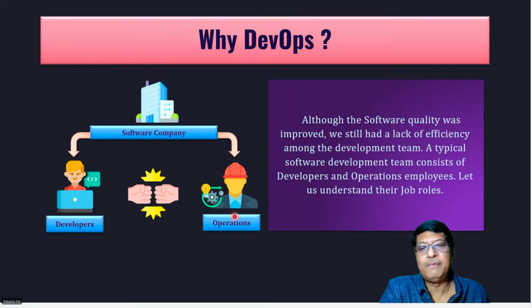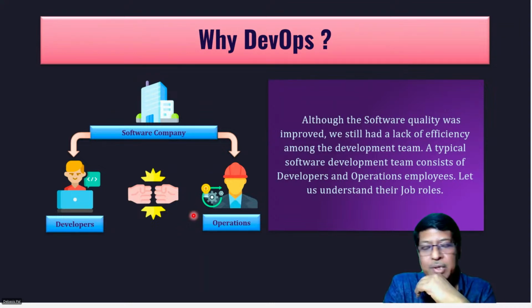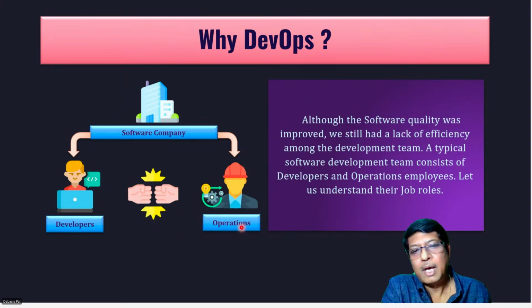The operations say, no, I will not allow it, even if the testing team has found one single bug, even if it is very minuscule. They are very strict guys, and why not? Because they are facing the music.